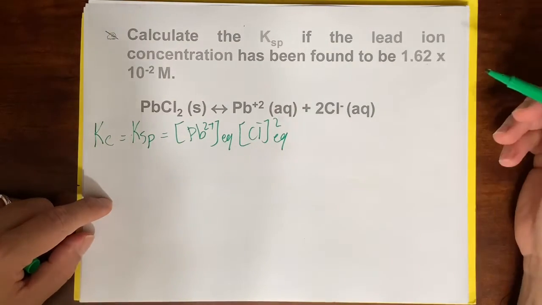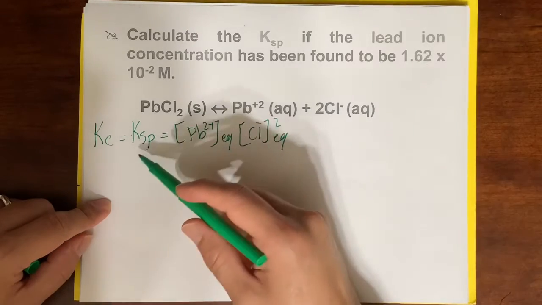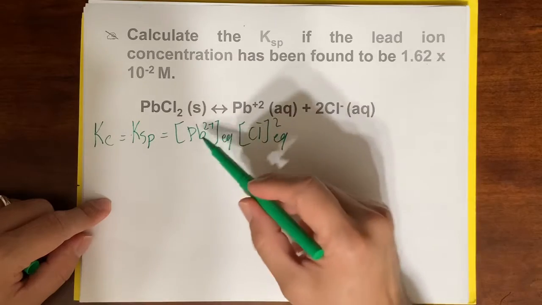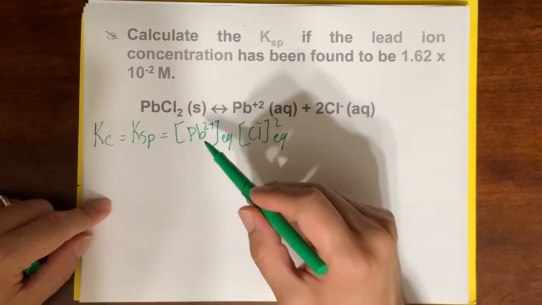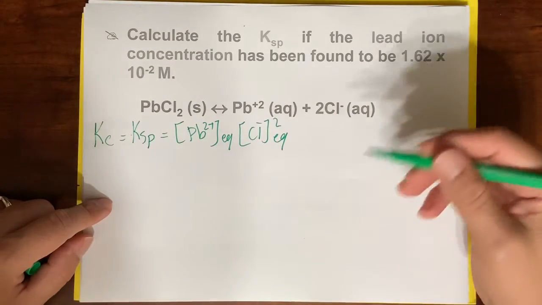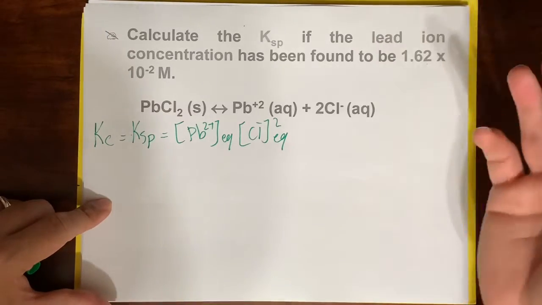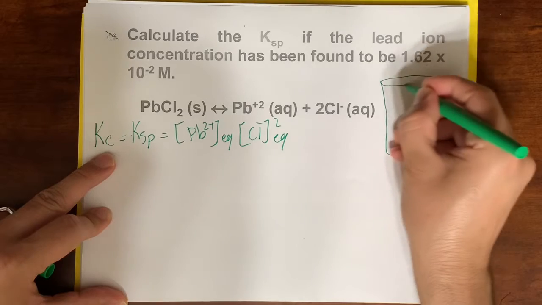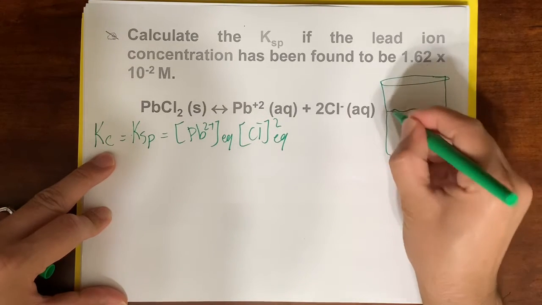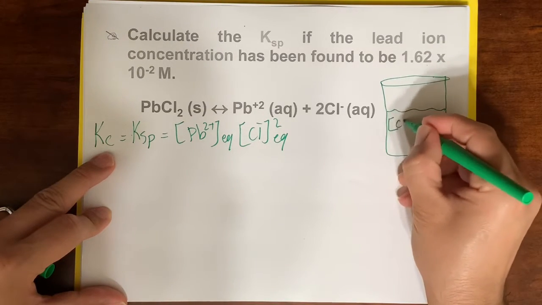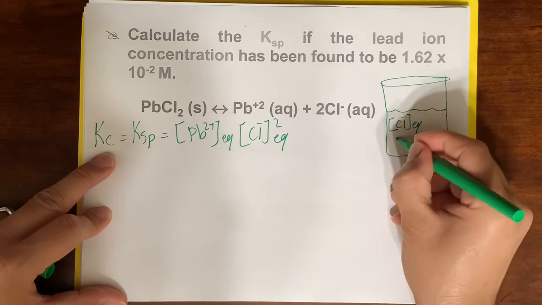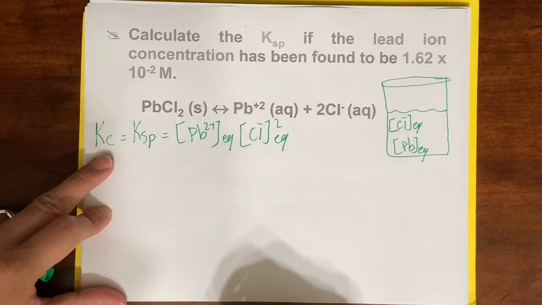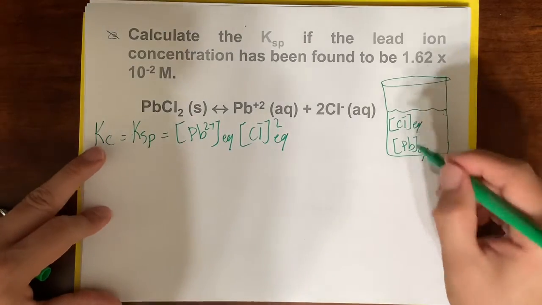I need to get the K, or KSP. In order to get it, I need to know the equilibrium concentration for the lead and chloride. They are saying under equilibrium condition, so if we assume there is a beaker, we have chloride and lead under equilibrium condition.